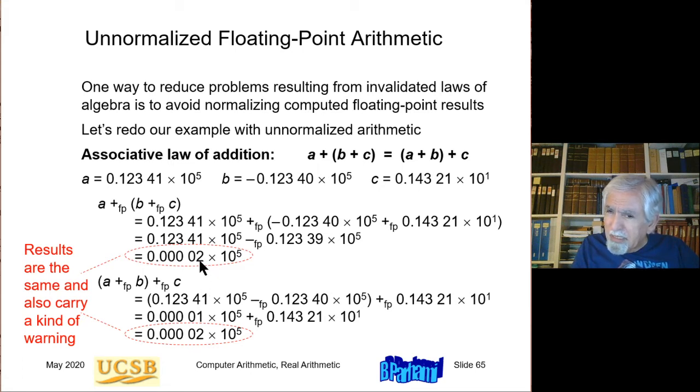Whereas if you normalize this and wrote this as 0.2, so 1, 2, 3, 4 shifts, times 10 to the 1, 0.20000 times 10 to the 1, you lose that warning because you have no idea whether those trailing zeros after 2 are part of an exact value or were created as a result of left shift. But when the leading digits are zeros, that's a warning sign about loss of precision.